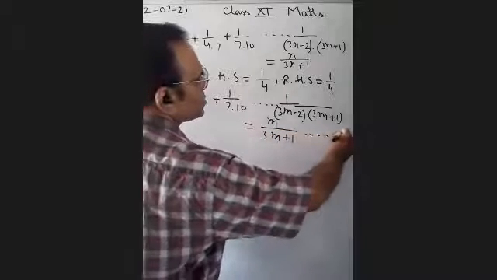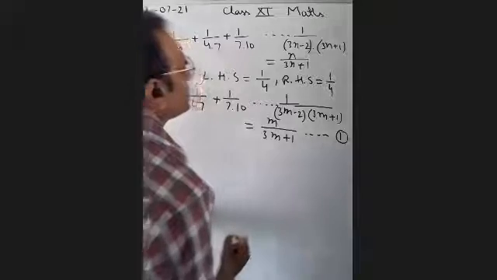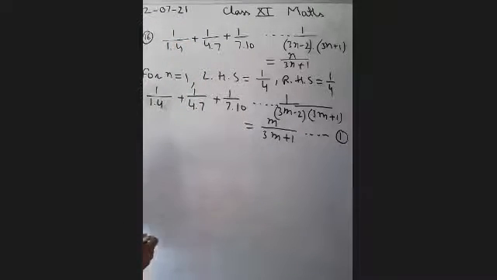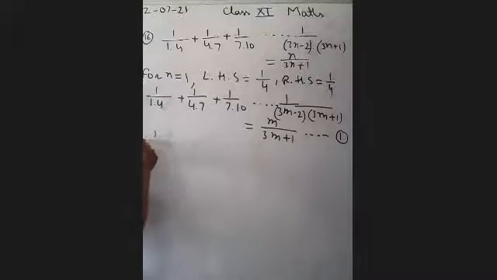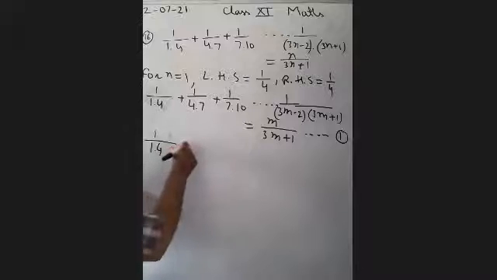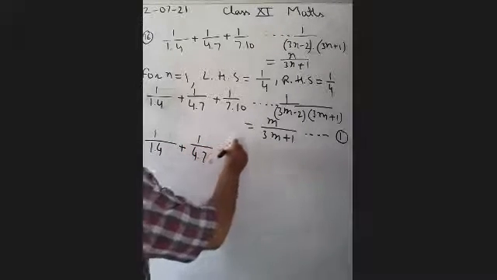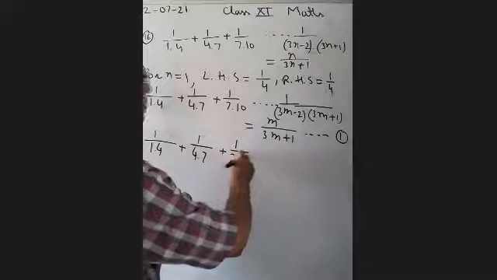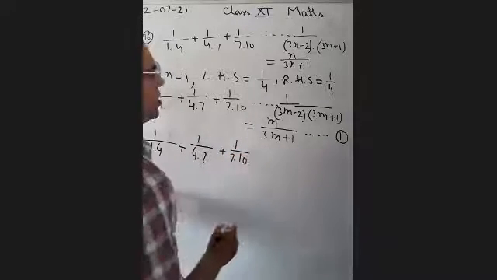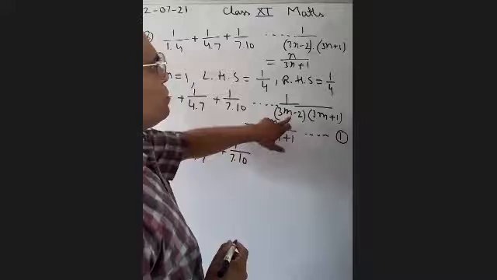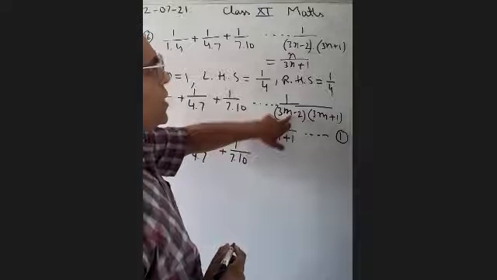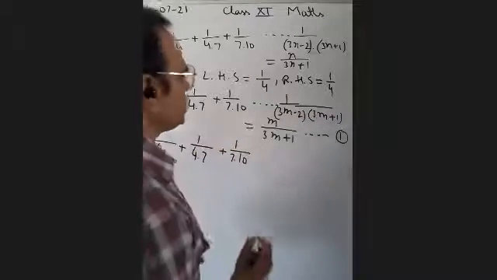This is equation, suppose करो 1. ठीक है, we can use this relation for proving for n is equal to m plus 1. Now we are proving for n equal to m plus 1. 1 upon 4 into 7 plus 1 upon 7 into 10. Now we are writing in place of m, ठीक है, m plus 1. So what will happen?